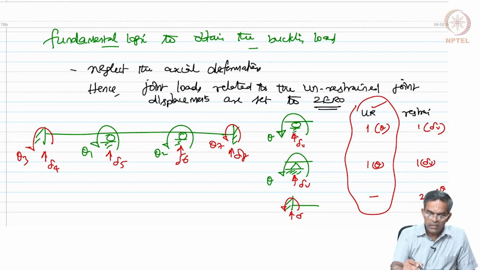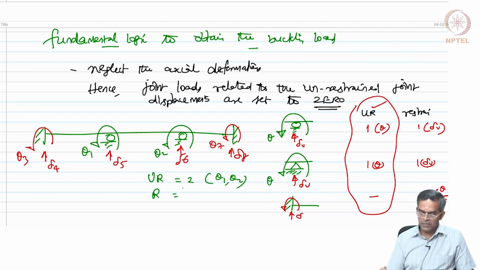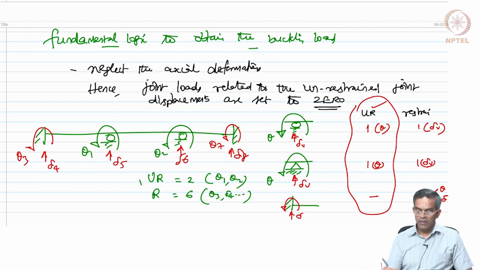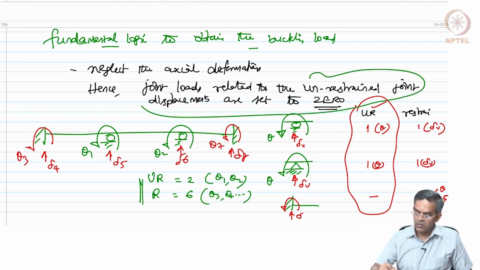I can say this beam has got unrestrained joint displacements as 2, which is theta 1 and theta 2. Restrained displacements are 1, 2, 3, 4, 5, 6, which is theta 3, del 4 and so on. Okay. So, what we are now saying is unrestrained joint displacements are set to 0.